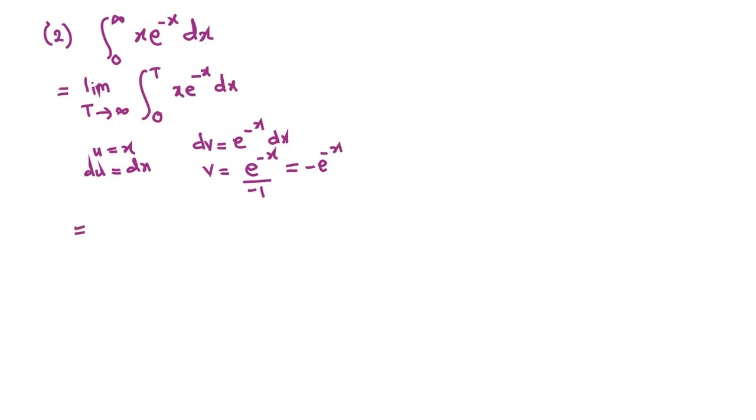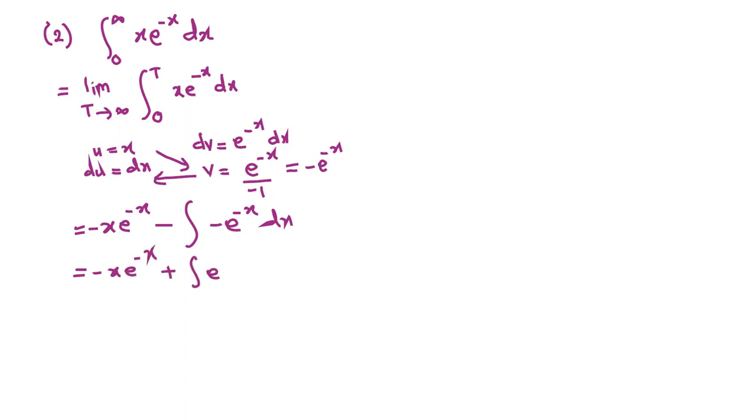So uv is negative x e to the negative x, and then minus the integral of v du, which is negative e to the negative x dx. So we have negative x e to the negative x plus the integral of e to the power of negative x dx, with the limits from 0 to t.